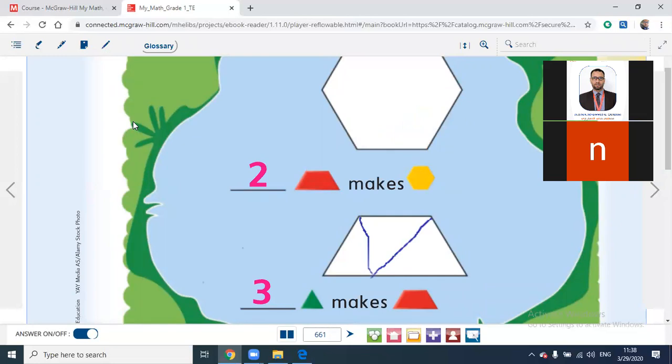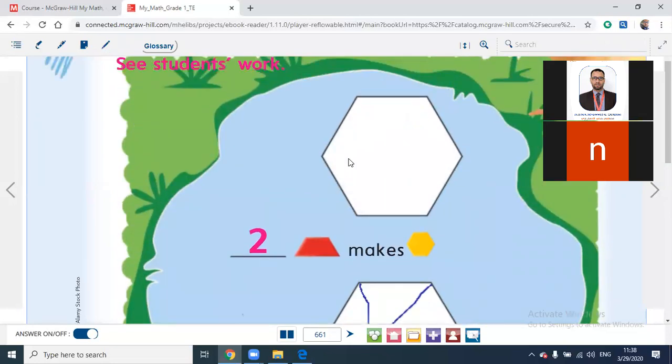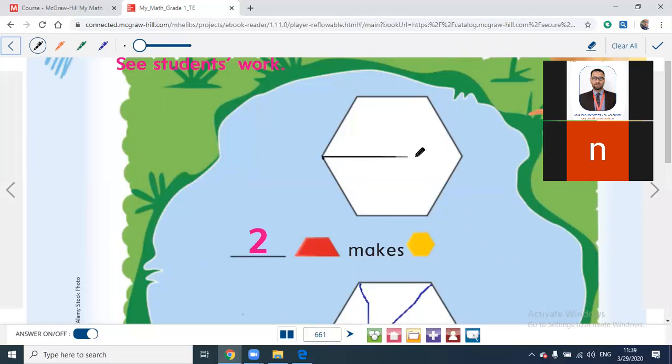As you see here, composite shapes means many shapes, we connect them together to have one shape. This is a big shape. How many small shapes like this? We saw this before, it is called a trapezoid. If we draw a line like this, we see how many trapezoids we need to form this.